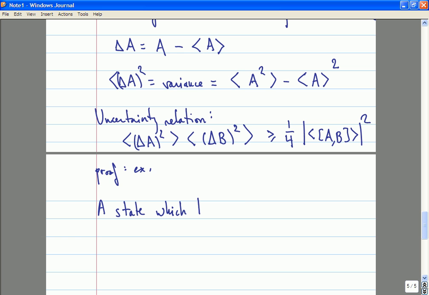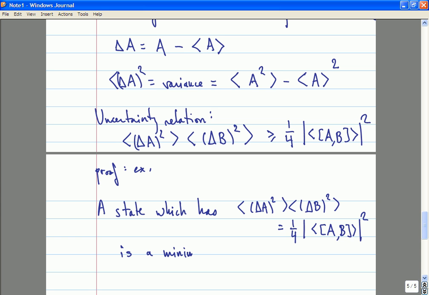So a state which has the variance of A times the variance of B greater than or equal to, saturating this bound, so equal to 1/4 times the commutator, is referred to as a minimum uncertainty state for the operators A and B.